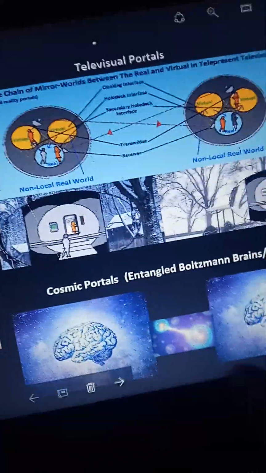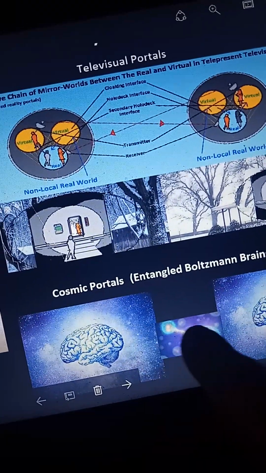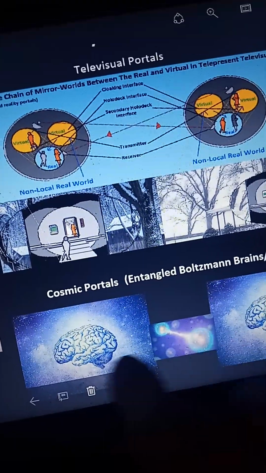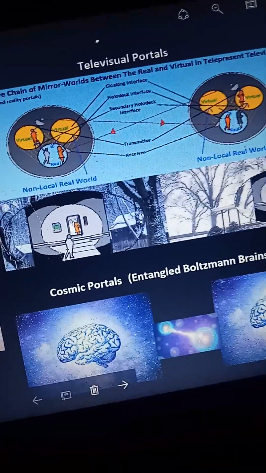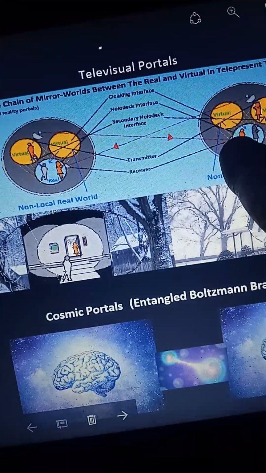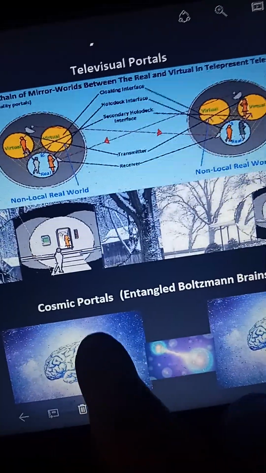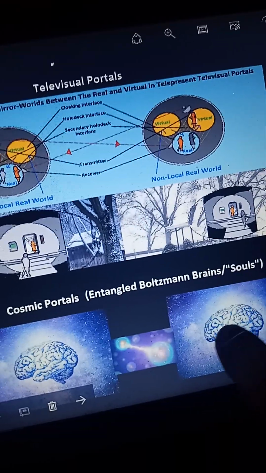And I believe through an entanglement of Boltzmann brains, that would be the next step beyond the photographic, beyond the televisual, in a spectrum of portals, cosmic portals.